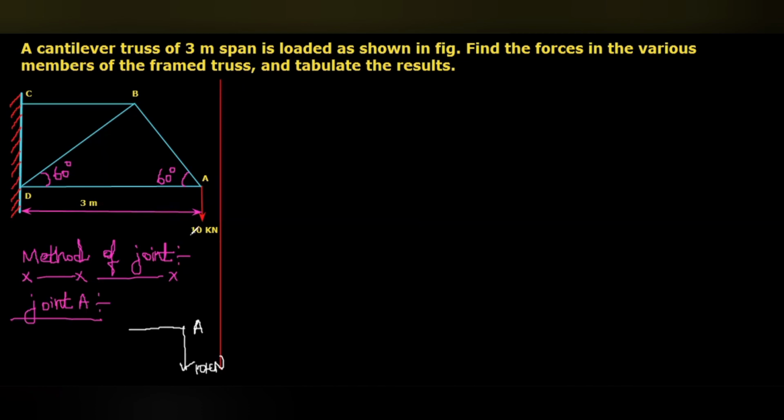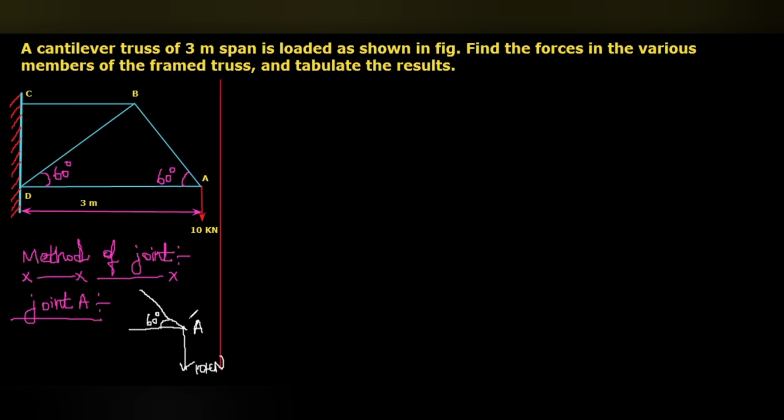And there is an inclined member AB, the force in member AB, and here we can see this angle is 60 degrees. So this is the free body diagram of joint A.